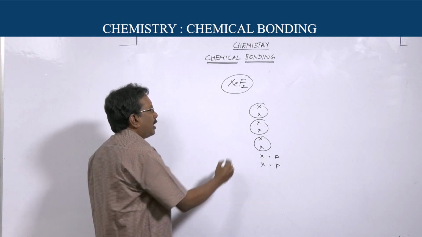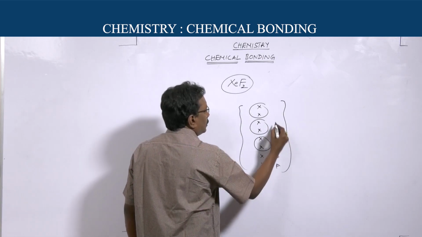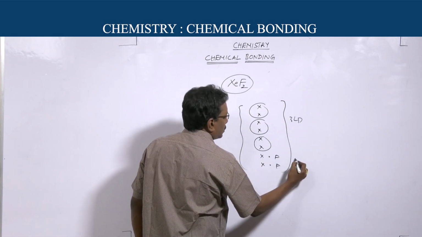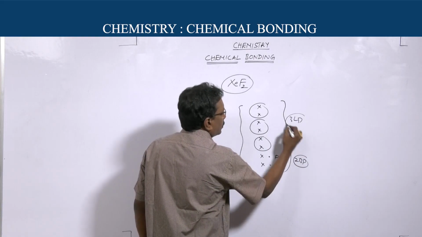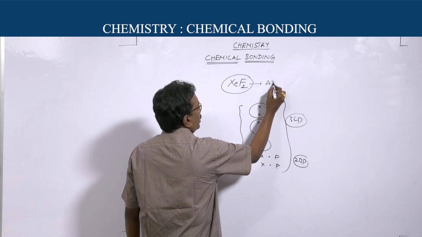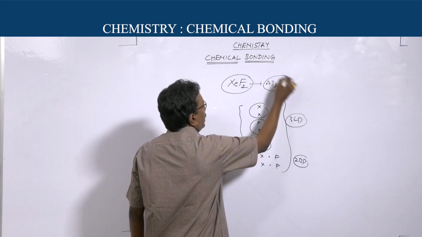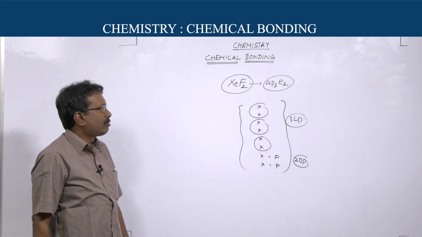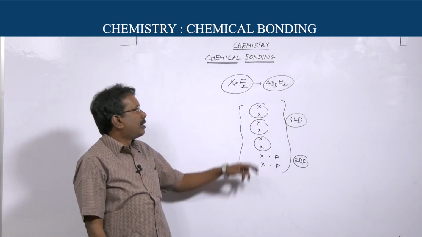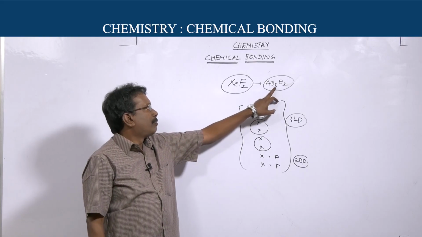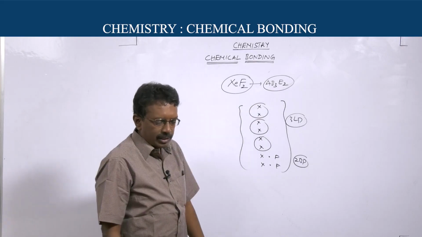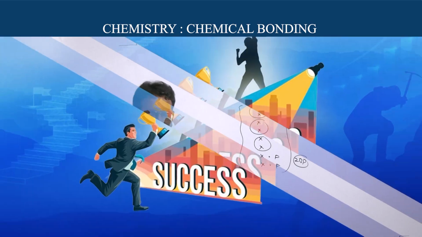So overall this molecule contains now 3 lone pairs and 2 bond pairs. Therefore, this molecule comes under AB2E3 type of molecule. Then according to VSEPR theory, for a molecule containing 2 bond pairs and 3 lone pairs, the molecular shape becomes linear structure.